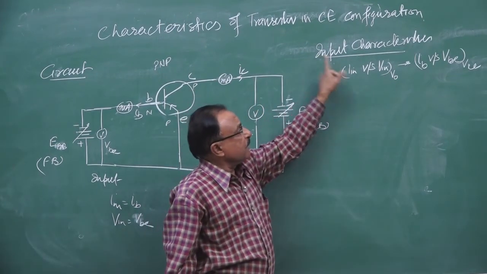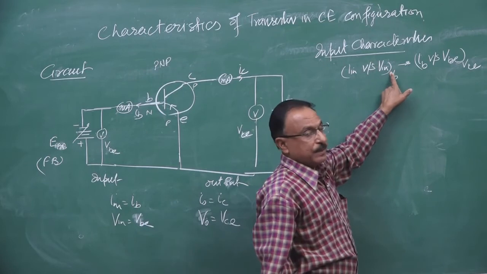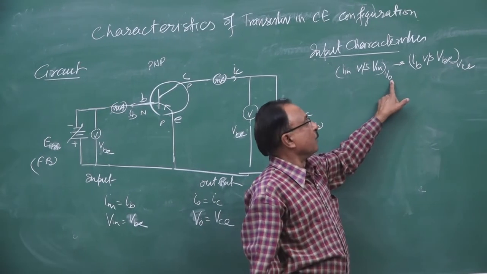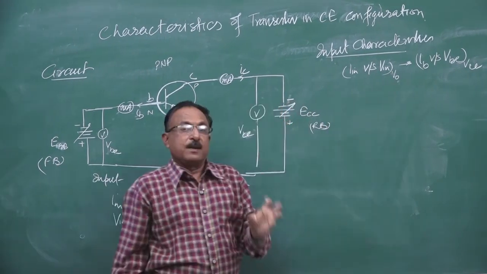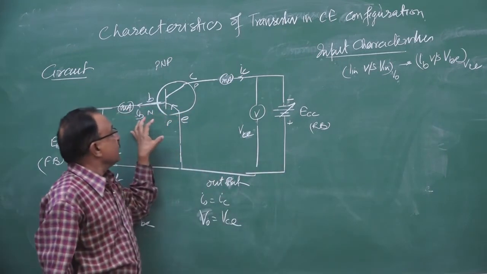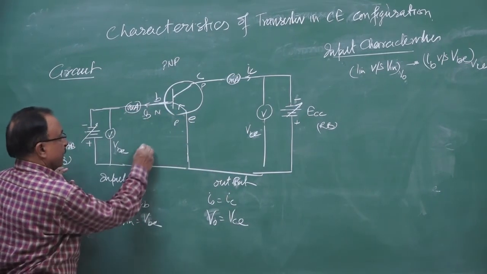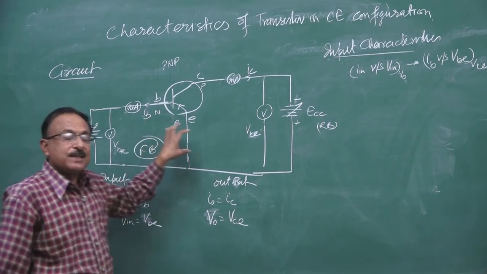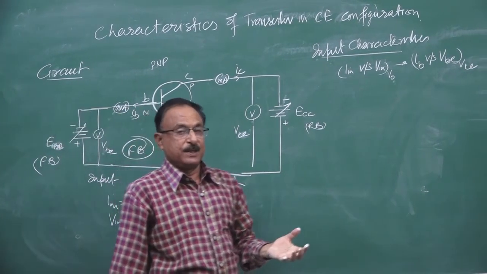So input characteristic is between input current and input voltage at constant output voltage. Since the input junction is forward bias, the characteristic will be the same as a forward bias PN junction.